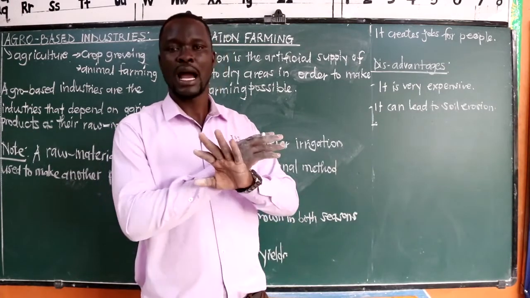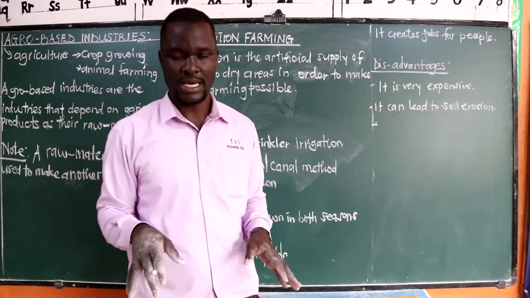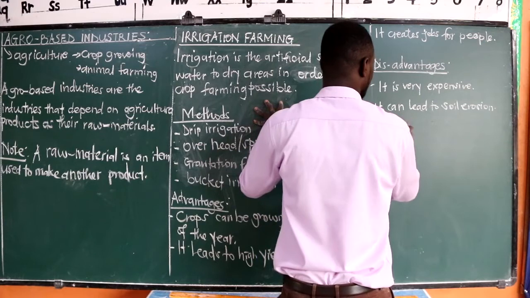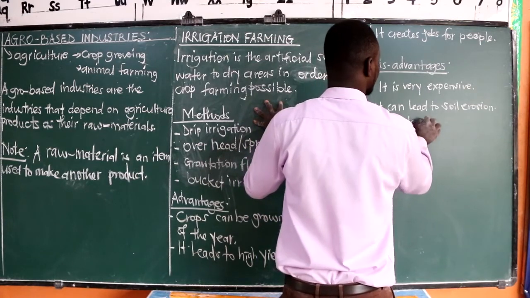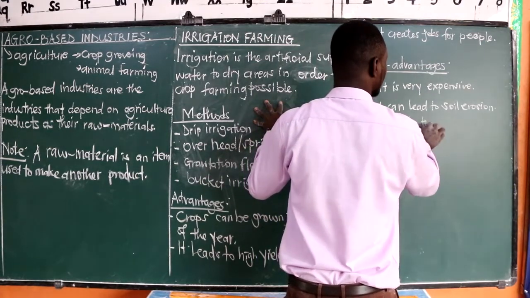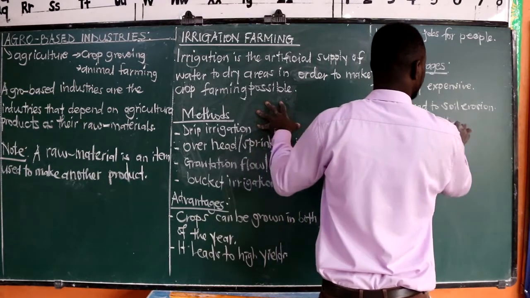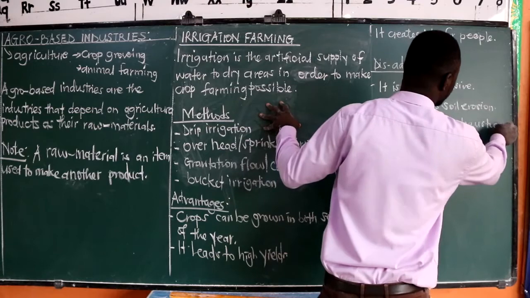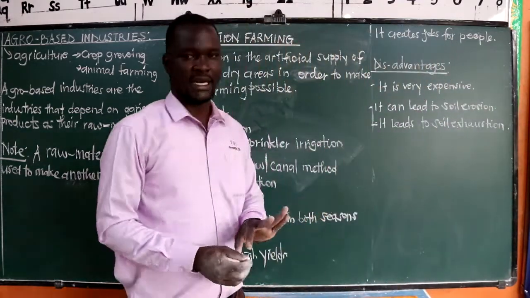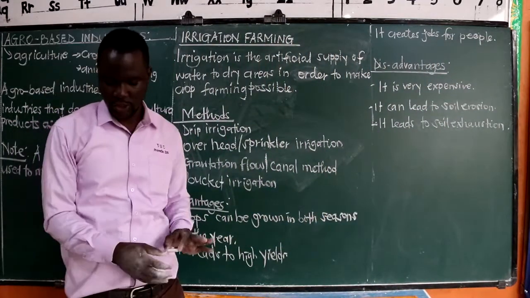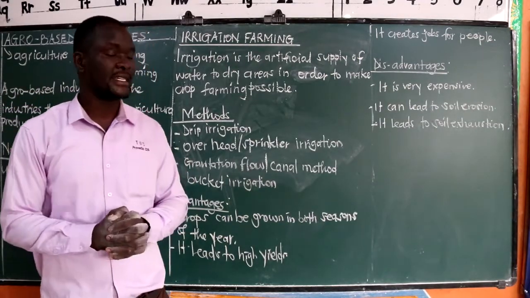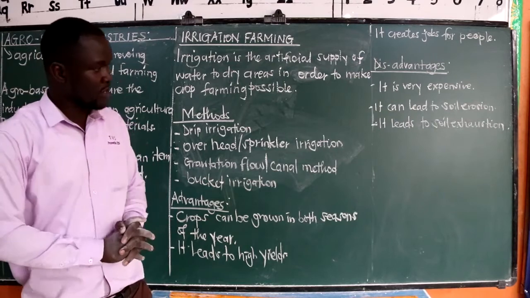Crops are produced throughout the year, so this can make the soil tired, thereby bringing what we call soil exhaustion. The soil becomes tired, as simple as that. That is what we mean by soil exhaustion. So those are the disadvantages of irrigation farming that we have.